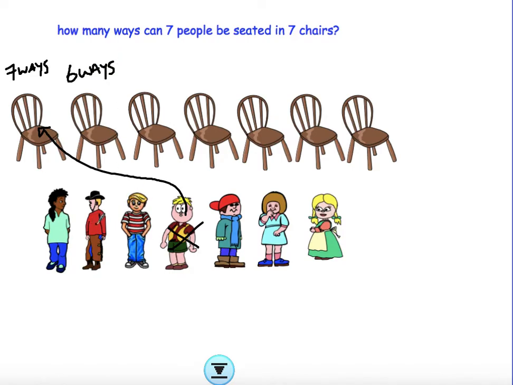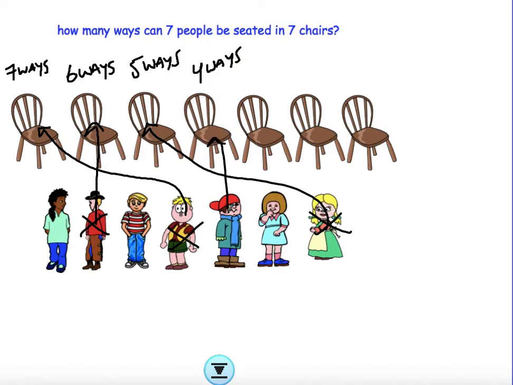Let's say this cowboy sits in there. How many ways now can this chair be filled? Well, there's 5 people left. Maybe this little Bo Peep girl goes and sits there. Now this chair can only be filled 4 different ways because there's only 4 people left.